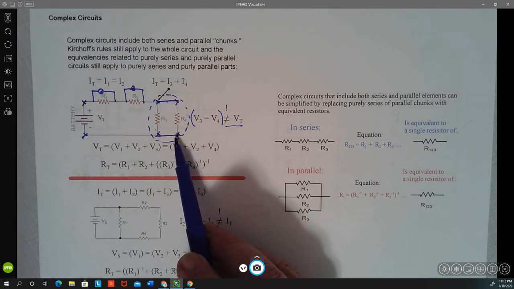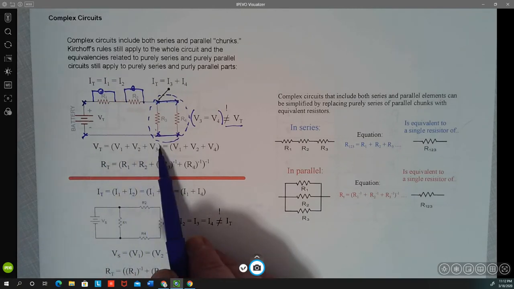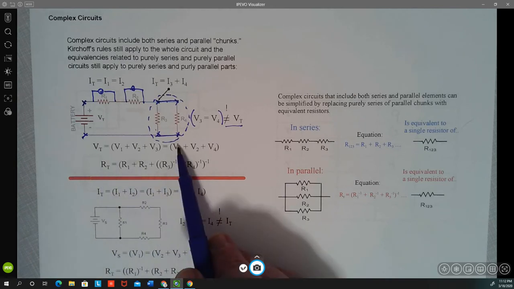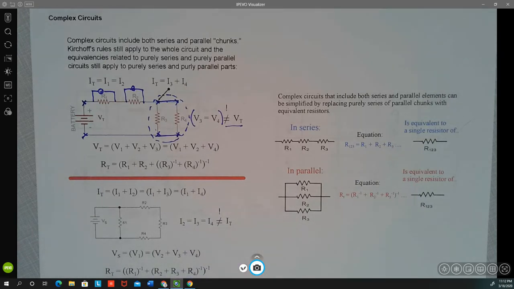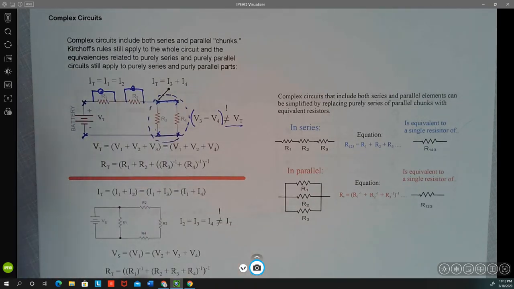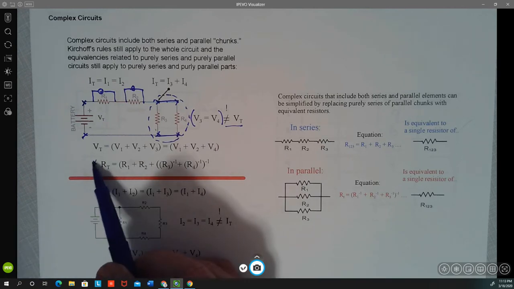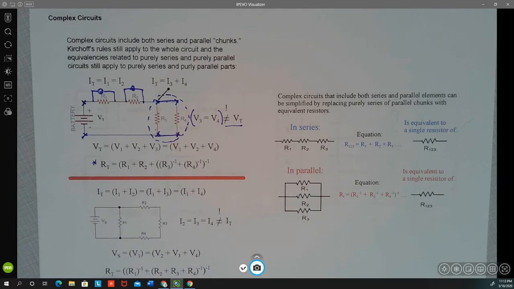So the total voltage is equal to the voltage across 1, 2, and 3, or it's equal to the voltage across 1, 2, and 4, because the current has only those two loops that it could pass through, and all the voltage gained across the battery must be lost across the resistors in whichever path the current takes. Now we'll get to this. Trying to boil this all down to one resistance equation in one step actually ends up being more trouble than it's worth oftentimes. So we'll take a look at how to break that down in smaller chunks later.